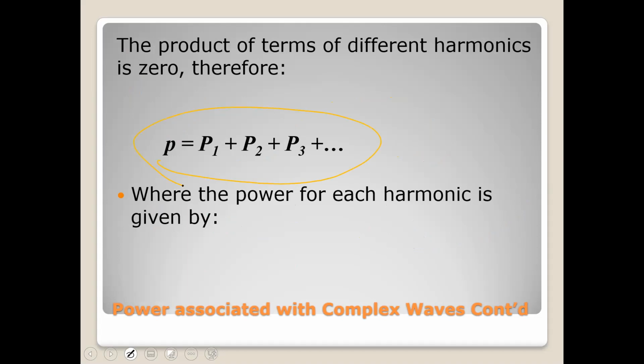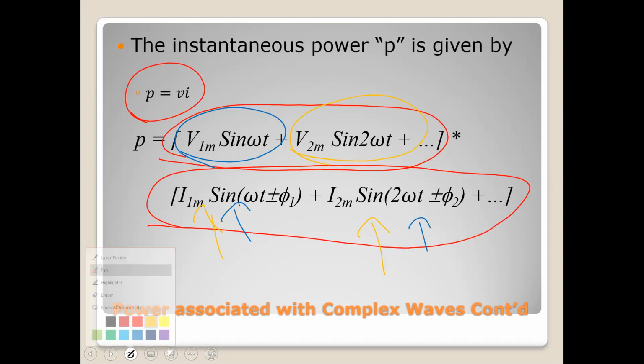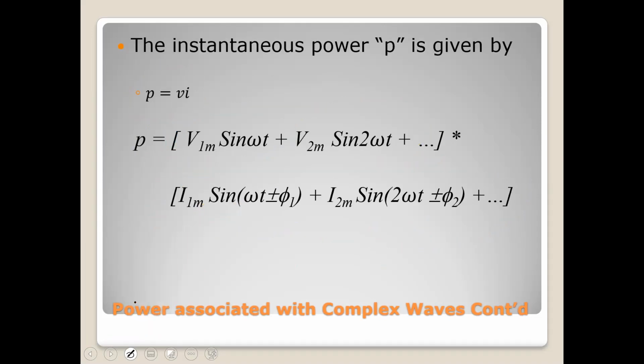In other words, when I multiply V1m by I2m, that product is going to be 0. When I multiply V2m by I1, this product is going to be 0.